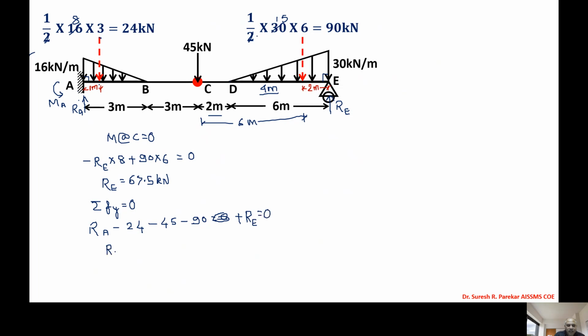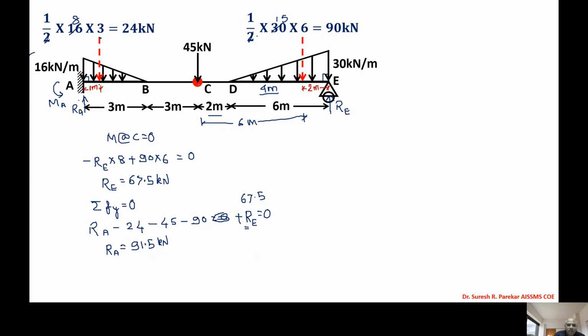And from this we will get RA. We have the value of RE, 67.5, and by substituting all these values we have 90 plus 45 plus 24 minus 67.5, and we get 91.5 kilonewtons. Now we know the value of RA, we know the value of RE.